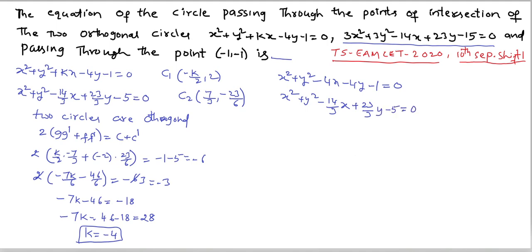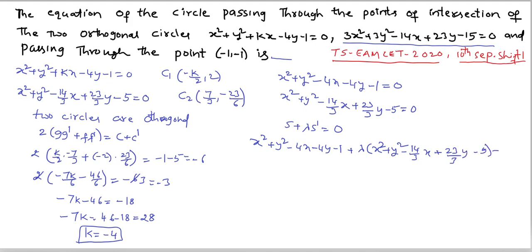The point of intersection of these two circles is written as S plus lambda S' is equal to 0. That is x square plus y square minus 4x minus 4y minus 1 plus lambda into x square plus y square minus 14 by 3 into x plus 23 by 3 into y minus 5 is equal to 0.